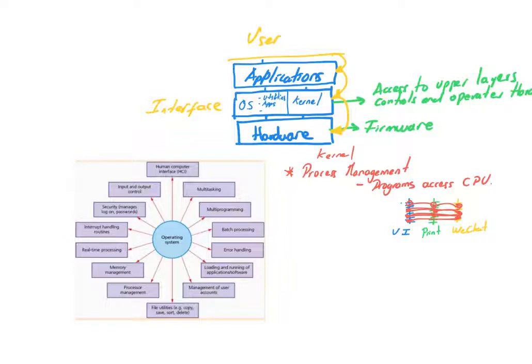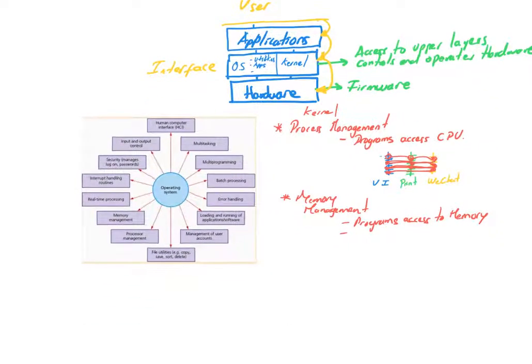The other one is obviously memory management. This is handling how programs are being loaded to the main memory, and how, for example, when the memory is full, we need to take parts of the program to what is called virtual memory, which is part of the secondary storage that stores programs that are being run.